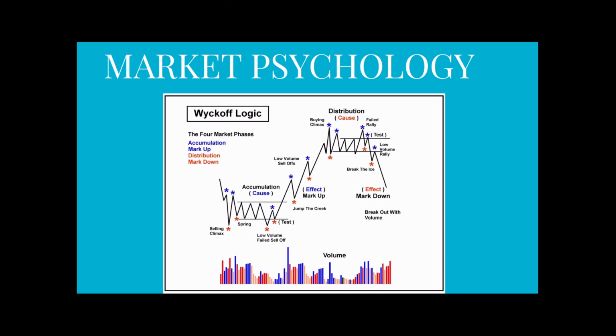This has been researched and proposed by Wyckoff, and he has identified 4 phases of the market: accumulation, markup, distribution, and markdown. In the accumulation phase, the market is moving within what we call a range.